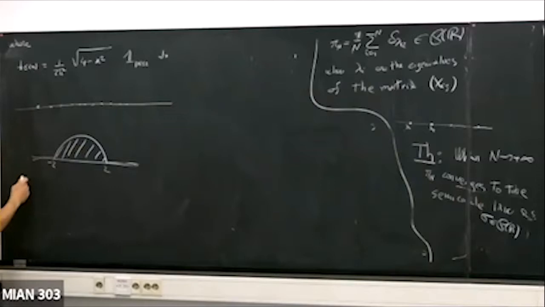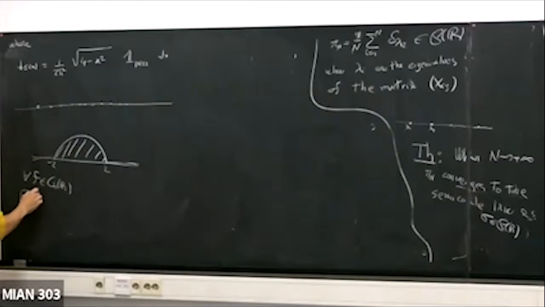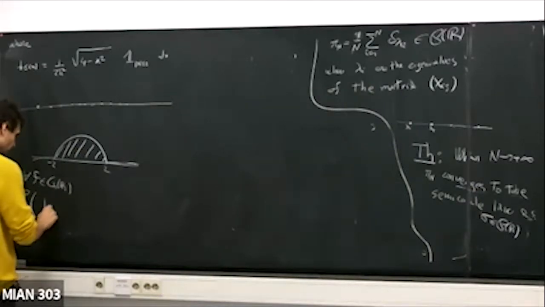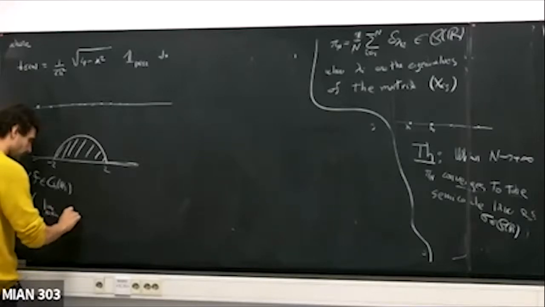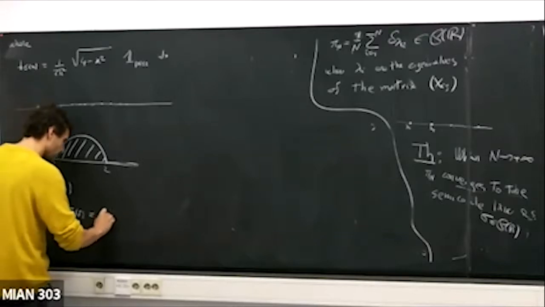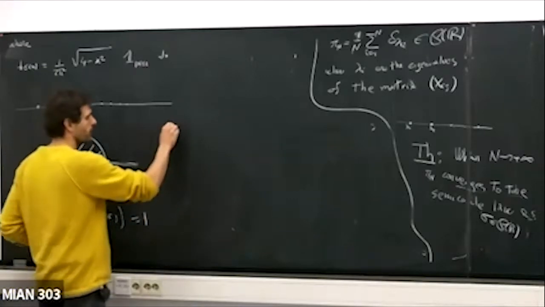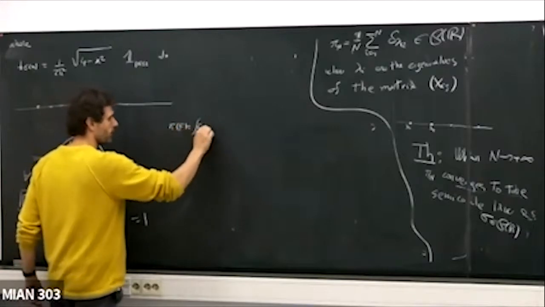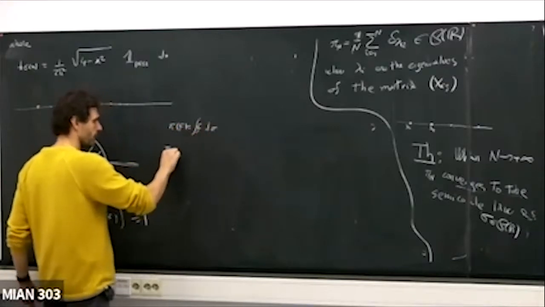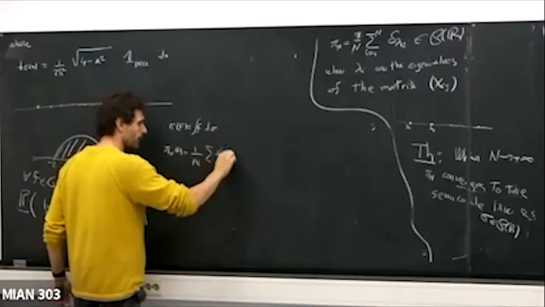This just means, if you want, that for each function f which is continuous and bounded on R, the probability that the limit when n goes to infinity of pi n of f, which means the integral of f with respect to this measure, is equal to sigma of f, this probability is 1. For a measure pi, I will denote by pi of f the integral of f d pi. So pi n of f, if f is that thing, just means 1 over n, the sum of f of lambda i.